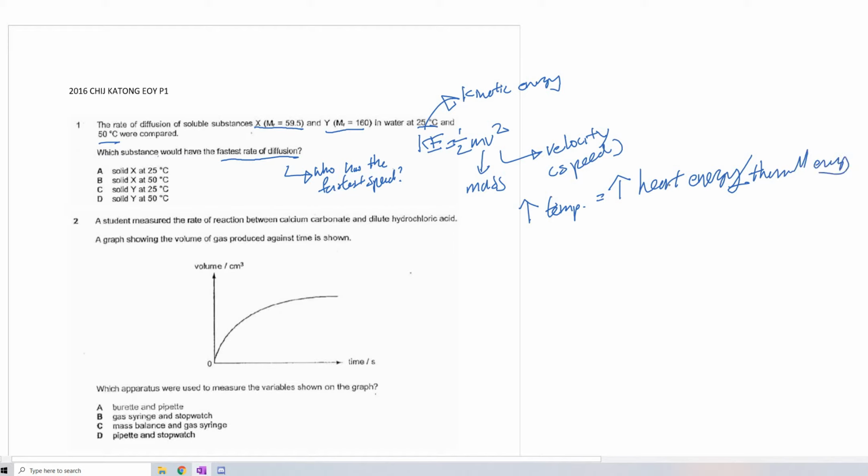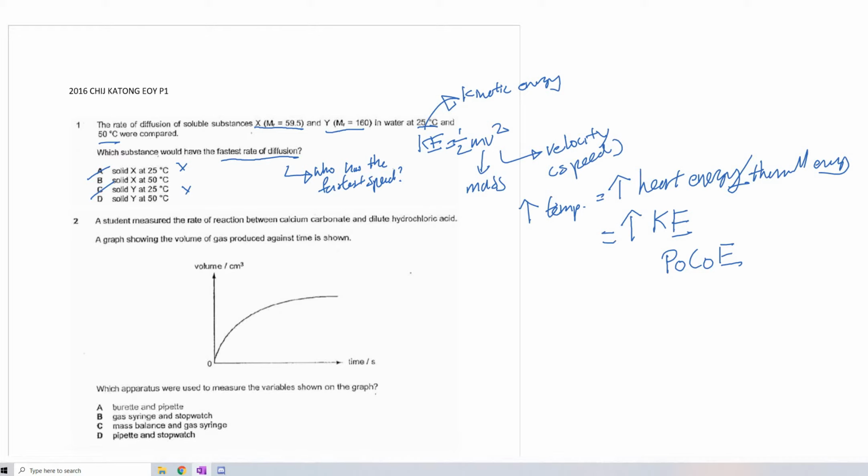So when there's more heat energy available, more of this energy can be converted to kinetic energy based on the principle of conservation of energy. So straight away we know that 25 degrees Celsius cannot be the answer because there is less thermal energy and thus less kinetic energy available. So A and C cannot be the answer.